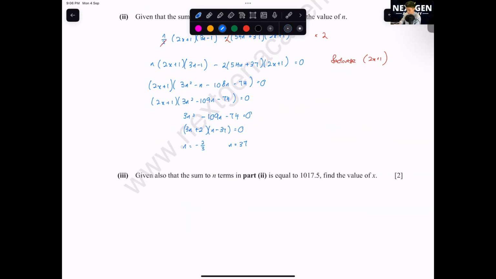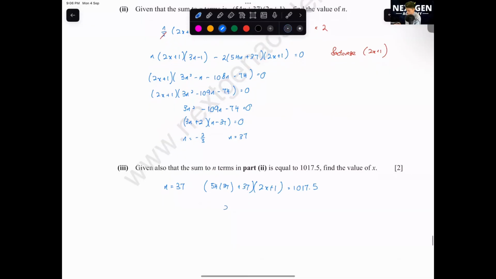So n equals to 37. 54 times 37 plus 37, 2x plus 1 equals to 1017.5. Simplify this. Here is 2x plus 1 equals to 1017.5. 2x plus 1 equals to 1 over 2. Then x equals to negative 1 over 4.